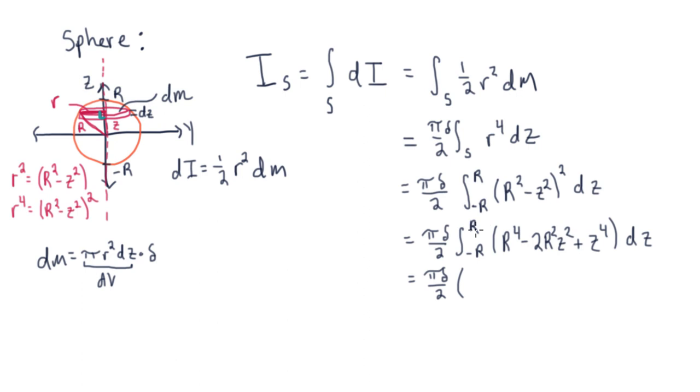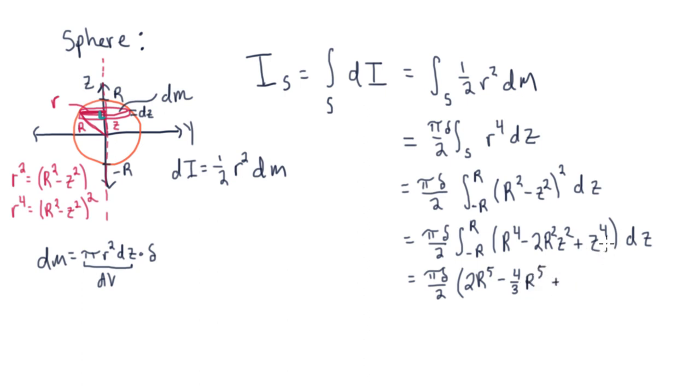So that's going to give me 2R. So I'm going to have 2R to the 5th. And here I'm going to get a z cubed over 3. And then, same sort of thing, evaluate from R to minus R. So that's going to give me a factor of 2. So I should have something like 4/3 R to the 5th.